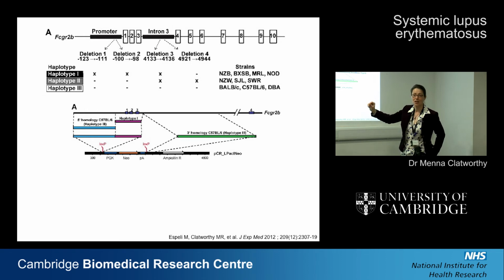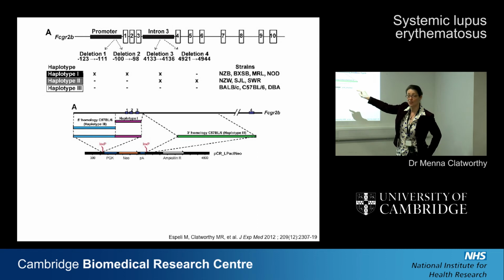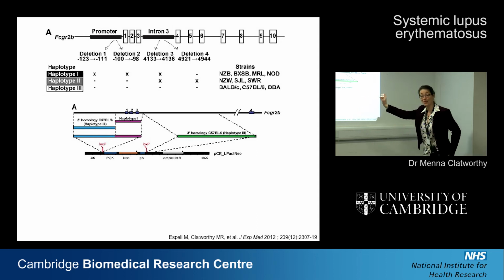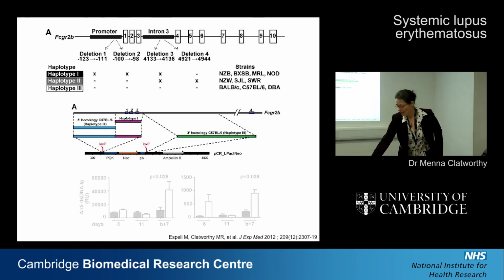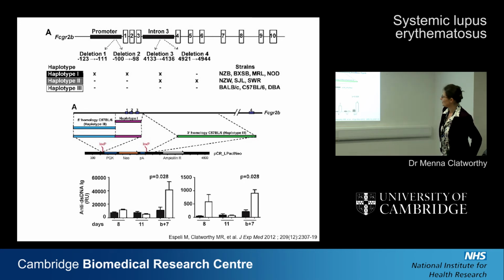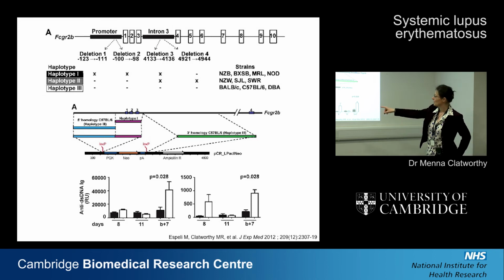So we're saying, on a Black 6 background that doesn't get autoimmunity, what's the effect of just putting in that haplotype, that promoter polymorphism? And what we found using that technique was that just having that tiny promoter deletion was sufficient for these mice to break tolerance and to be prone to autoimmunity.